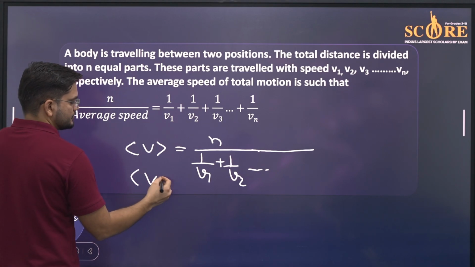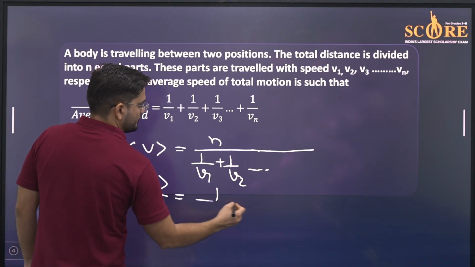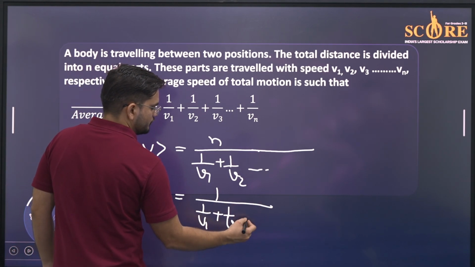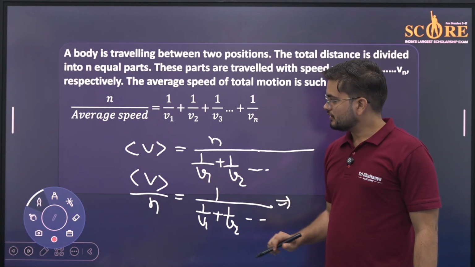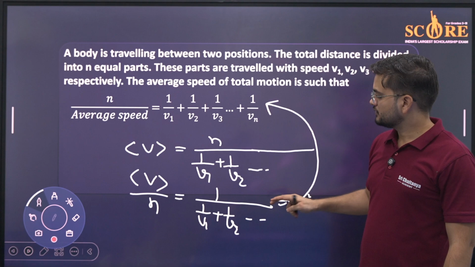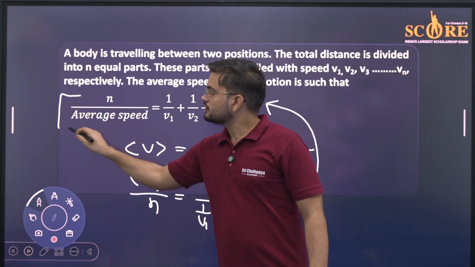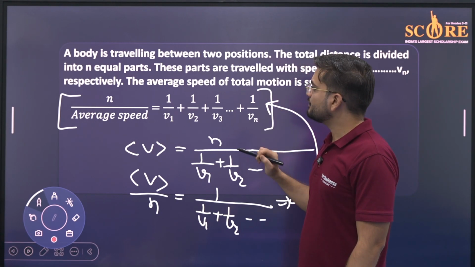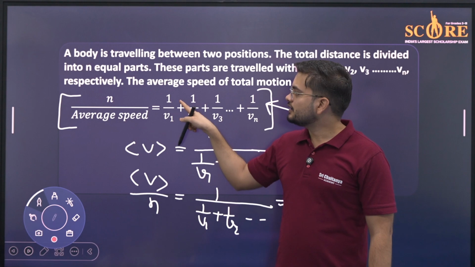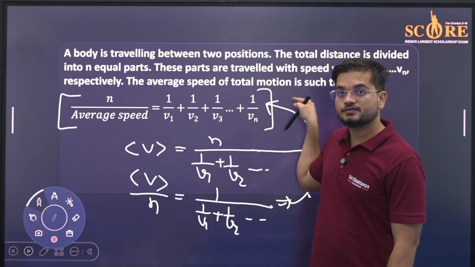N by V average will be 1 upon v1 plus 1 by v2 plus 1 by v3. You can derive this part. You got the point? So you should remember this equation: N by V average is equal to 1 by V1 plus 1 by V2 plus 1 by V3, 1 by V4 and so on.